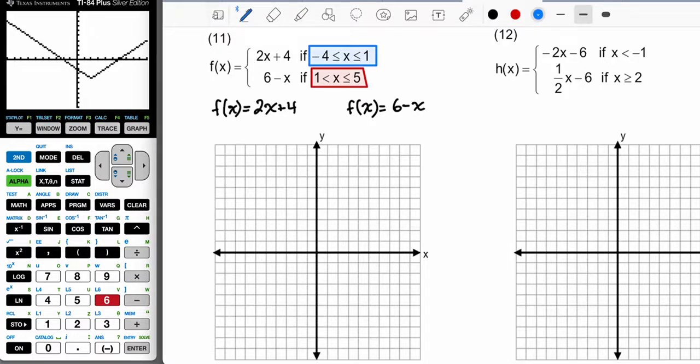So what I would do is make a table of values. Well, there's one way to do it. X against f of x. The x values that make up that table would be the x values that they're telling you make up the restriction, saying it goes from -4 to +1. So -4, -3, -2, -1, 0, and +1.